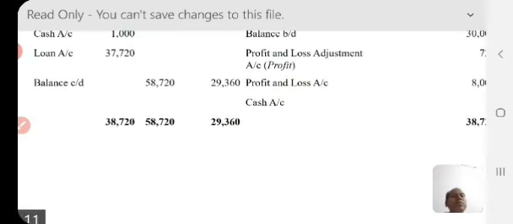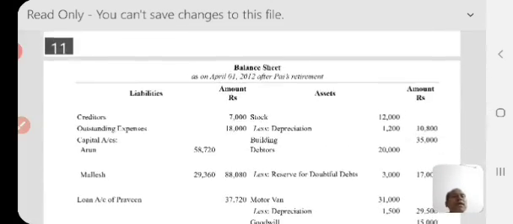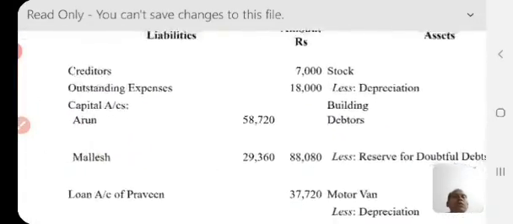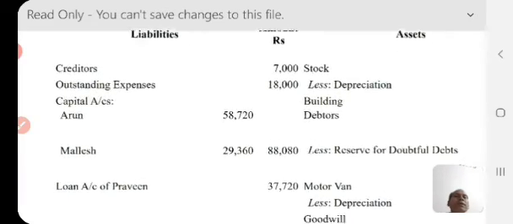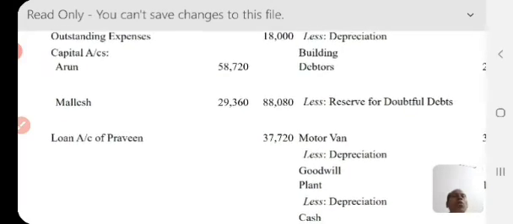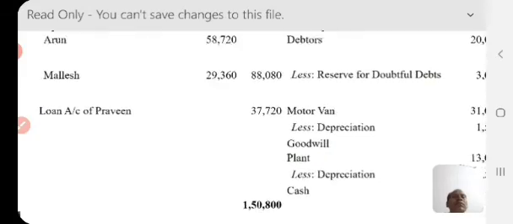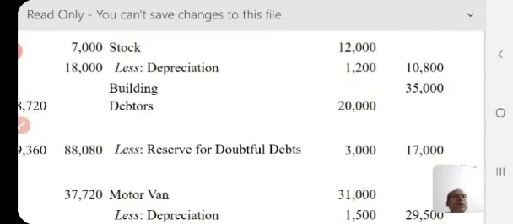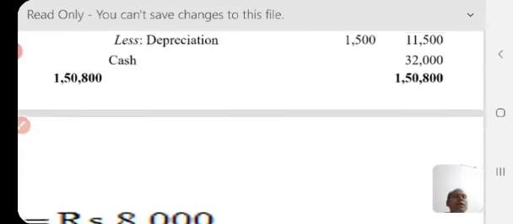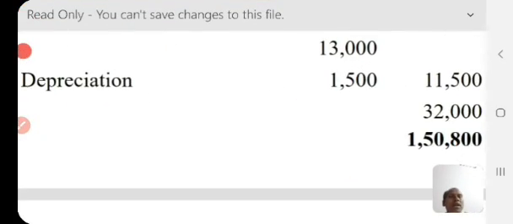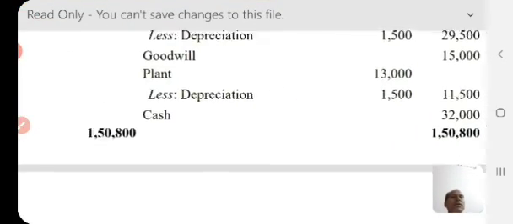Okay, so this is the balance sheet. On the liability side, see carefully, all the items are recorded. Here also on the asset side, all the items are recorded, so that we have arrived at the total figure of 1,50,800.